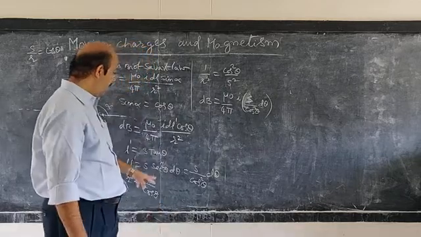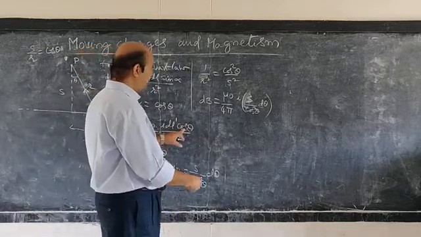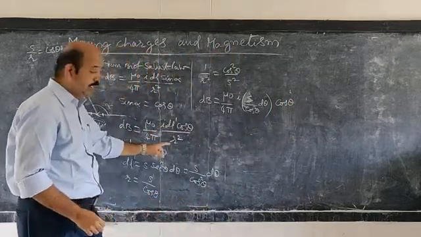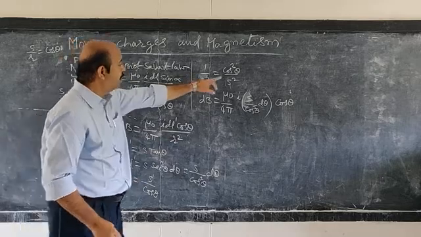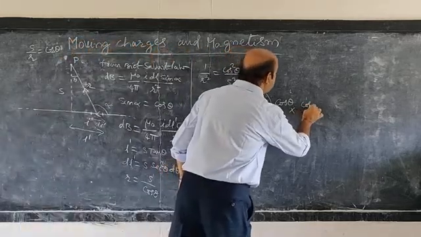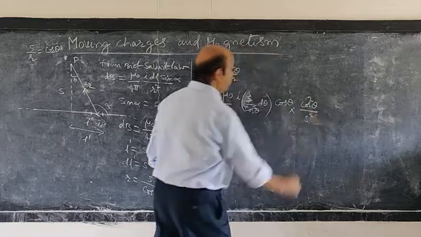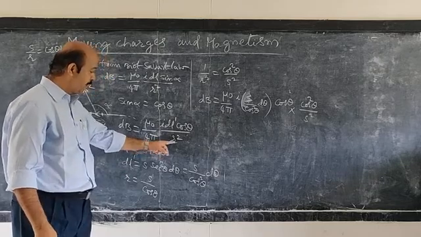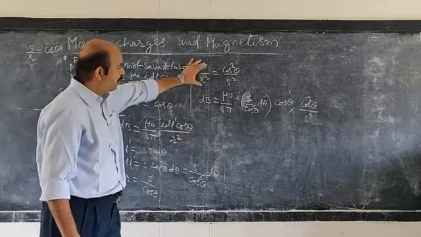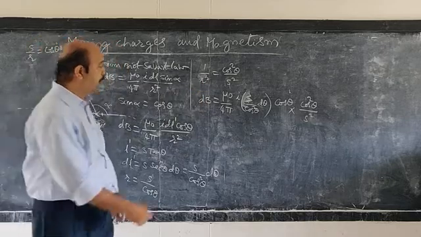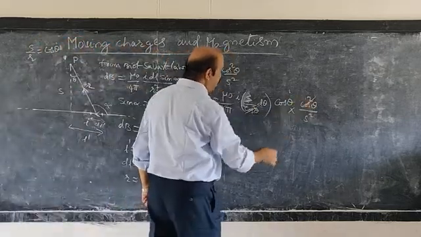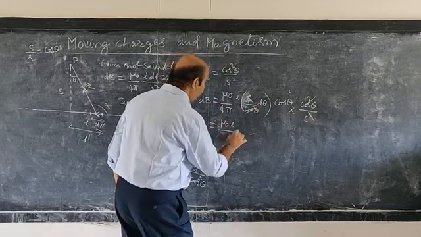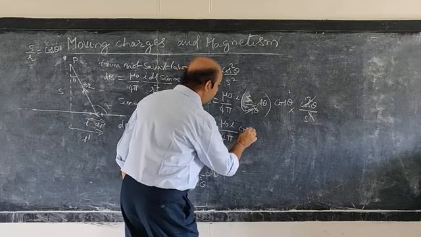And of course here this cos theta term is there, and here this 1 by r square is there. In the place of 1 by r square, I can write cos square theta by s square. Now you see cos square theta gets cancelled and one s gets cancelled. So what finally you get is mu naught I by 4 pi s cos theta d theta.